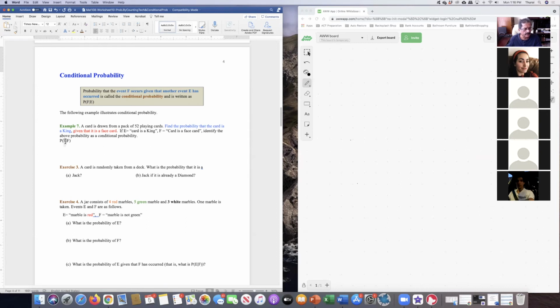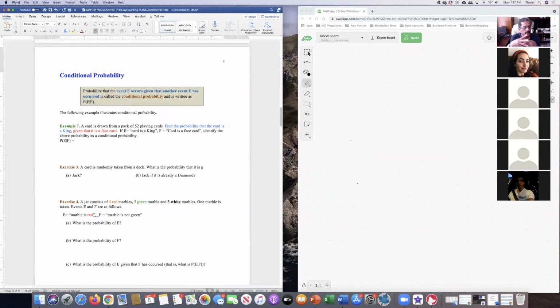Probability of the card being king, given that this event has happened, which is the card is a face card. If you know that the card is a face card, then what is the probability that it is king is the question. Now, here is how we find the probability.